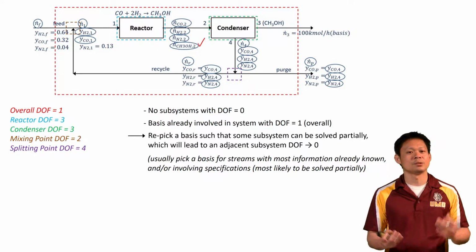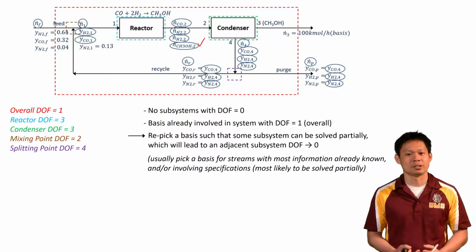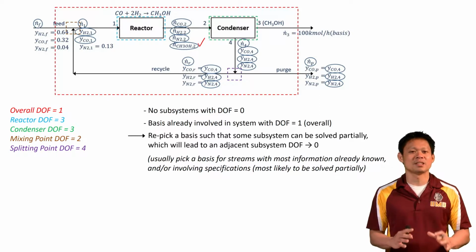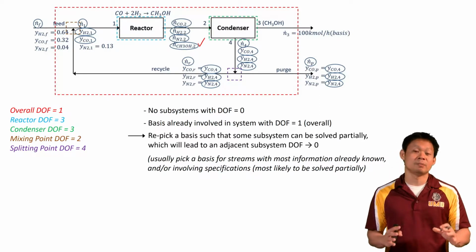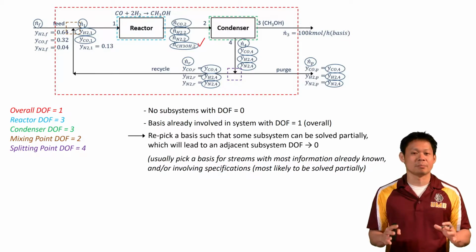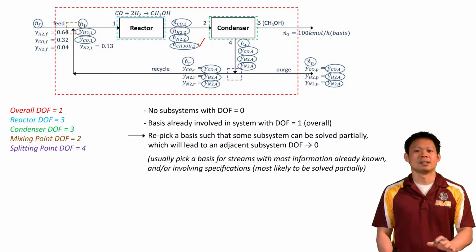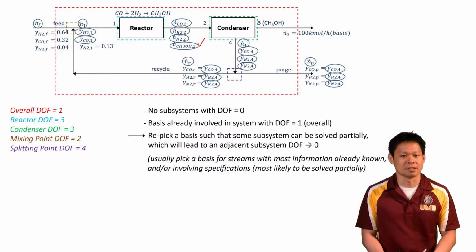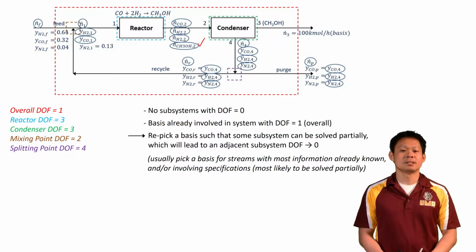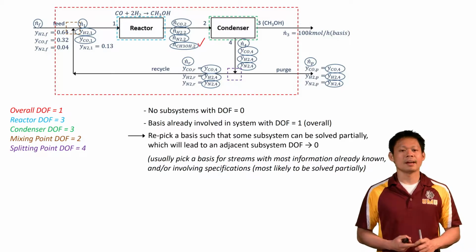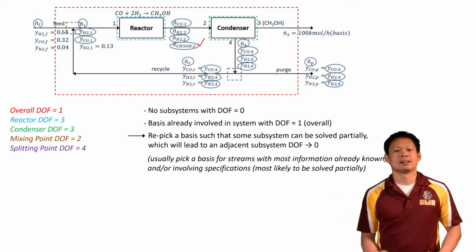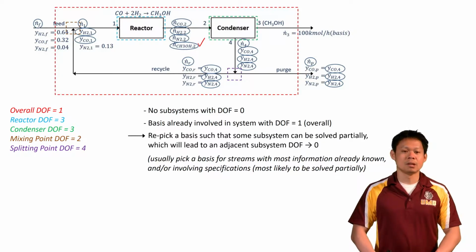Again, there are some cases where having no degree of freedom 0 actually means that you have an underspecified problem, so we can never solve it. But in this case, it is not. It's just that we need to be creative here. So we're going to repick a basis in a subsystem that can be solved partially. And once we partially solve that one, some adjacent subsystem will drop to 0.